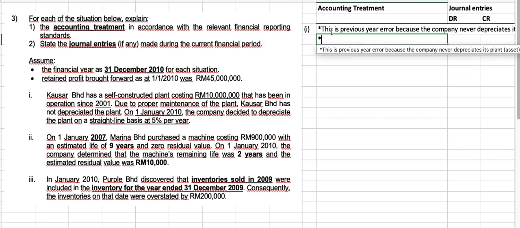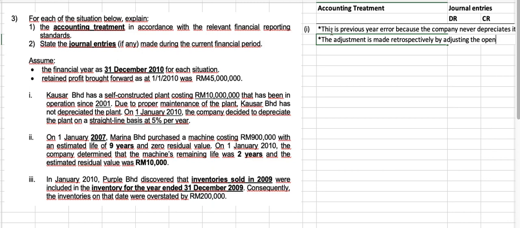For a previous year error, the adjustment is made retrospectively by adjusting the opening balance of retained earnings.